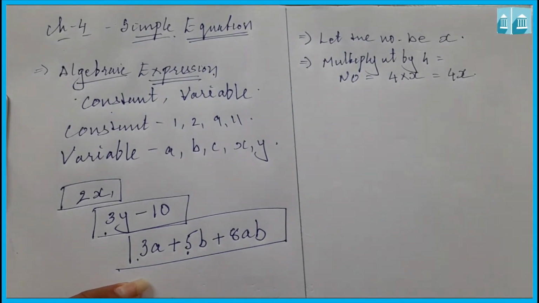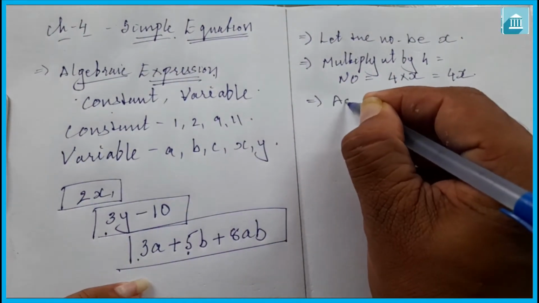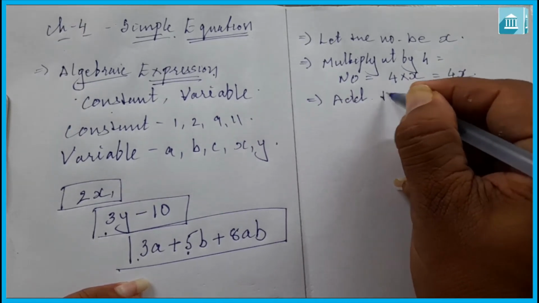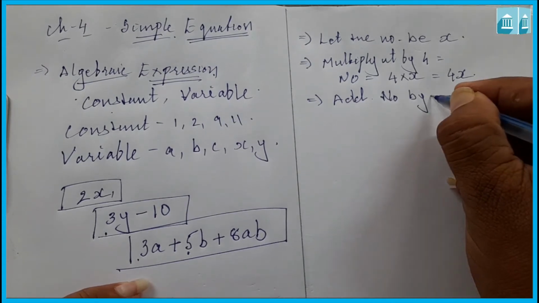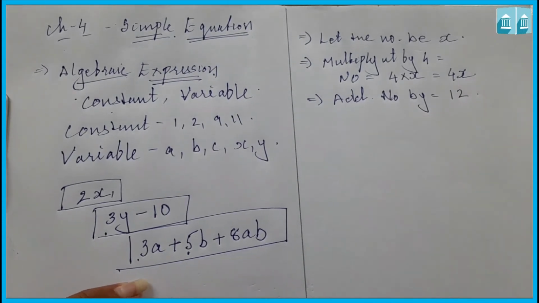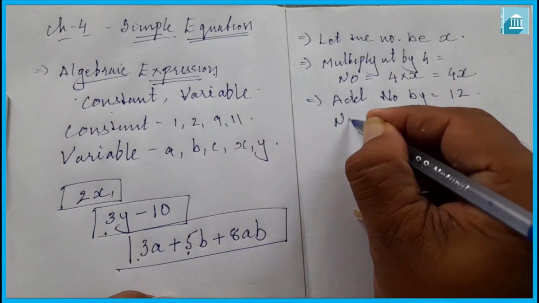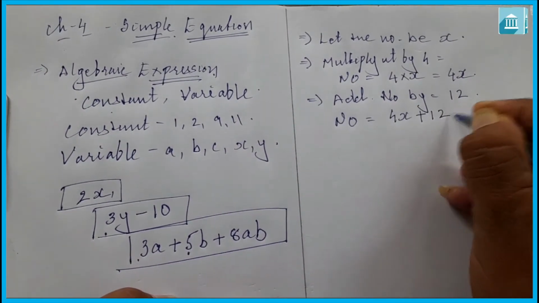अब वो number क्या हो गया हमारे पास? 4x. Then I say that if I add 12 to the number, the number will become 4x plus 12.